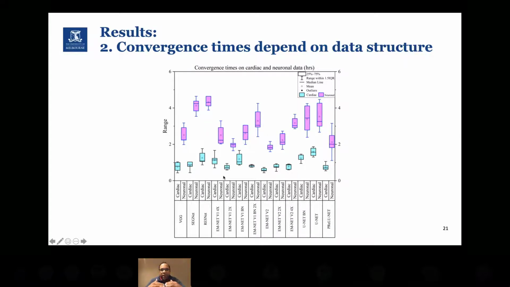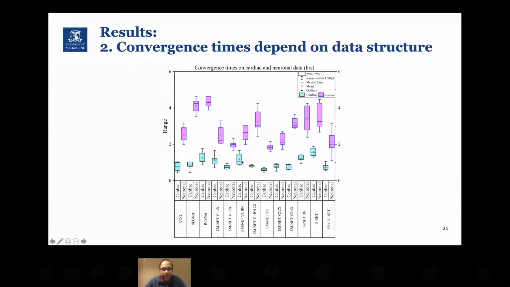So you can right away see that the type of data you get affects the performance of the algorithms. But also, if you compare, for instance, the cardiac EMNet V12X, it looks like it has a smaller convergence time with the cardiac data when compared to the neuronal data.